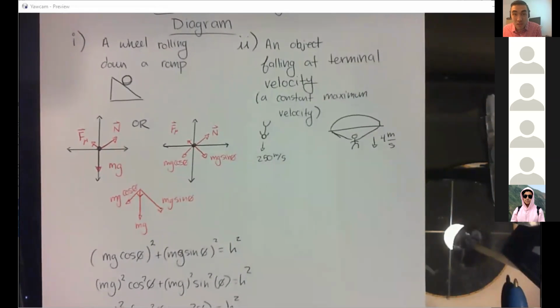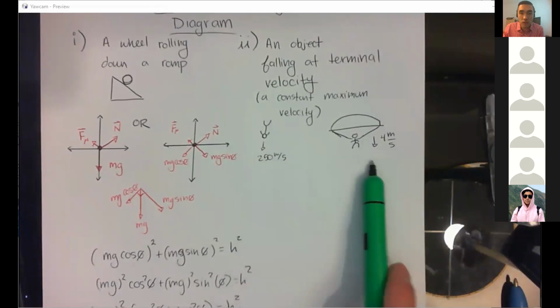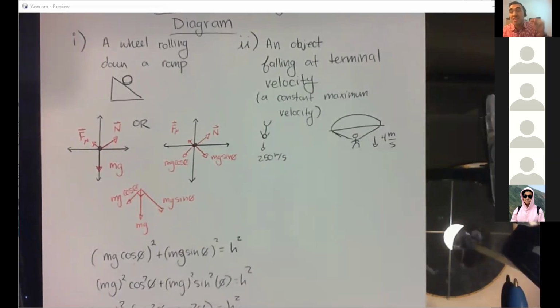It has to be because of what the definition of terminal velocity is. If you fall at 250 meters a second, if you fall at 4 meters per second, the free body diagram is identical. And I think this is a really good example to get at why it's so hard to think about these things. Free body diagrams are not showing us motion, they are showing us forces.